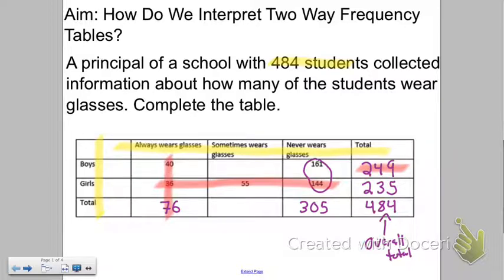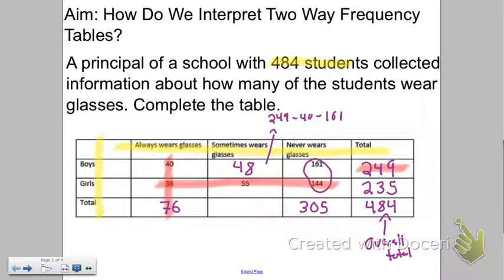Now for boys who sometimes wear glasses, I have a total of 249 boys. And I can subtract the 40 who always wear glasses and the 161 who never wear glasses to get me 48. So I got this 48 because I did 249 minus 40 minus 161.